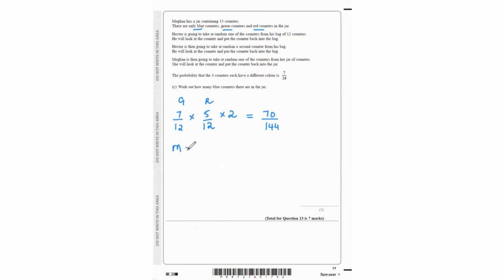So for Megan, it's x over 15. We have the probability of the 3 counters being a different color. So 7 over 24 is equal to x over 15 times 70 over 144. 70 over 144 is the probability of Hector taking out the counters, and x over 15 is the probability of Megan taking out a counter.